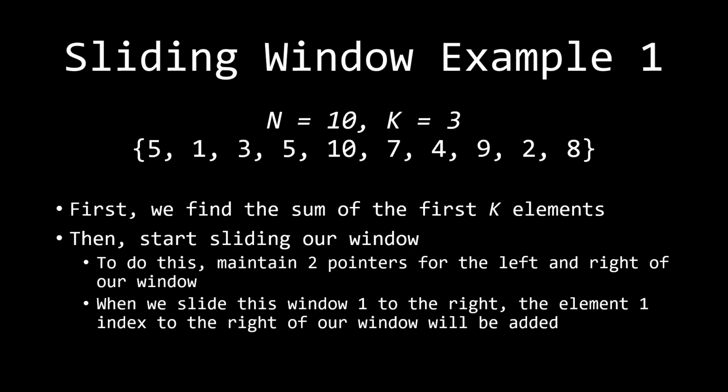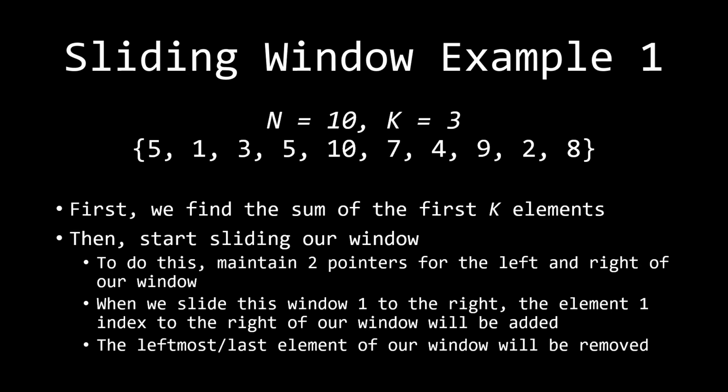When we slide this window 1 index to the right, the element 1 index to the right of our window will be added, and the leftmost, or last element of our window, will be removed. So if this is our current sliding window, we have 5, 1, and then 3. When we move it to the right by 1, we'll add the 5 on the right, but remove the 5 on the left.